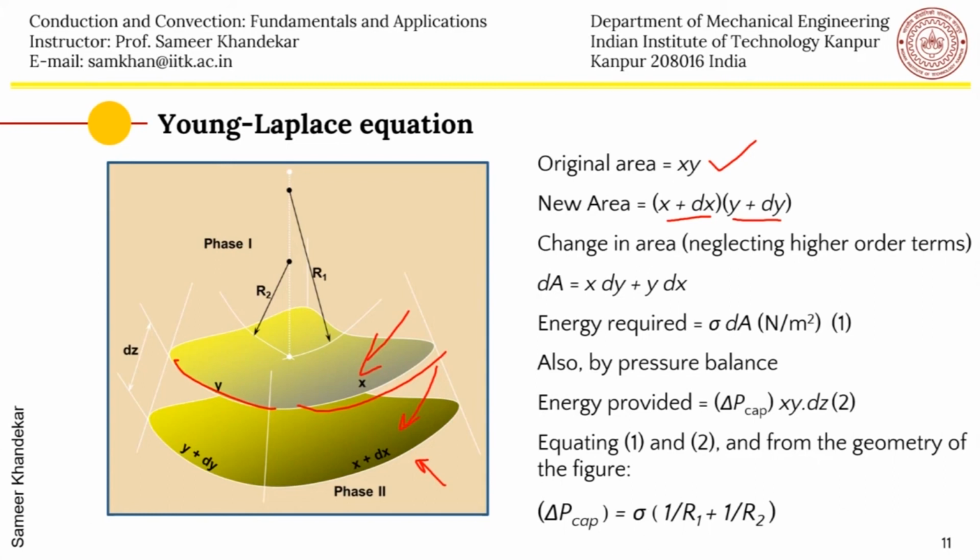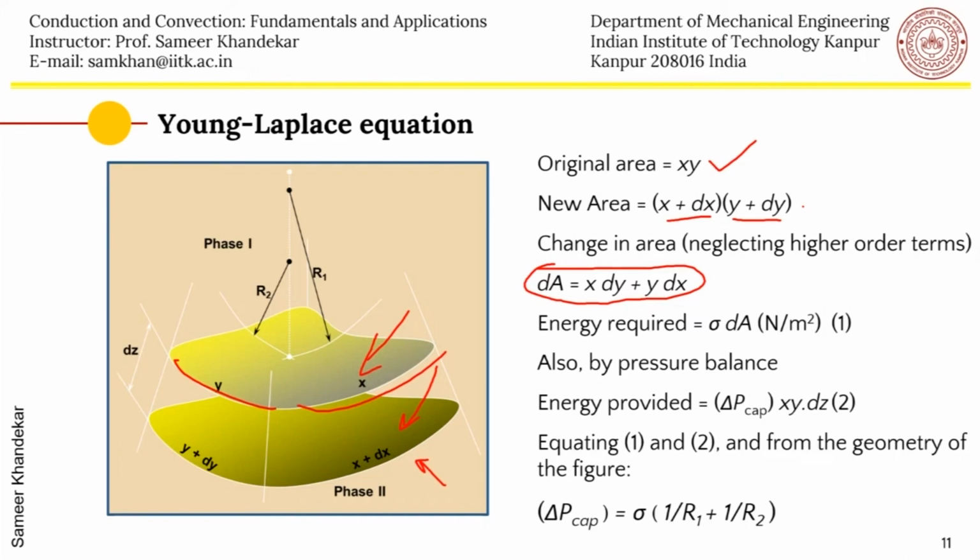Now the question is that for this area increase, a certain amount of energy is required to form this interface or grow this area. Some work must have been done. Only then can you stretch this interface, because the intermolecular forces which are present in this interface area are attractive in nature.